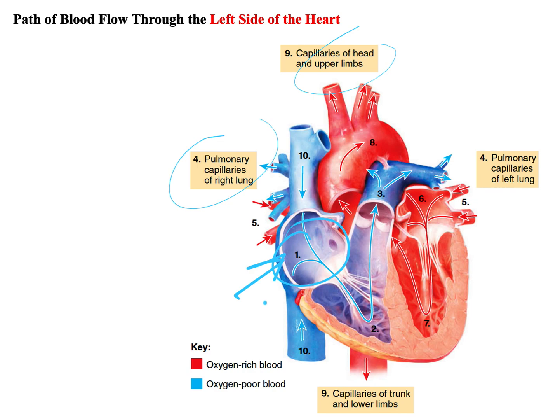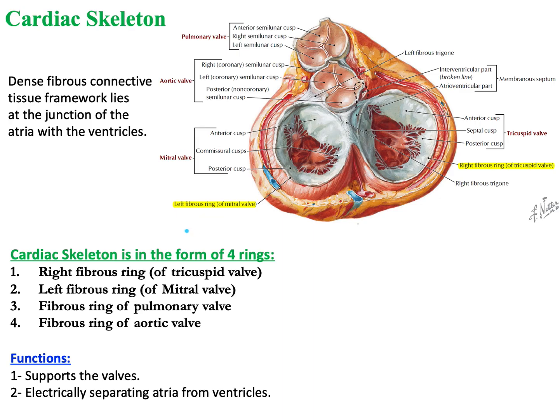I don't like to say deoxygenated blood because in reality it's not 100% deoxygenated, but it's like oxygen-poor blood, or oxygen-rich blood on the other side. So just follow the steps so you can understand both circulations.